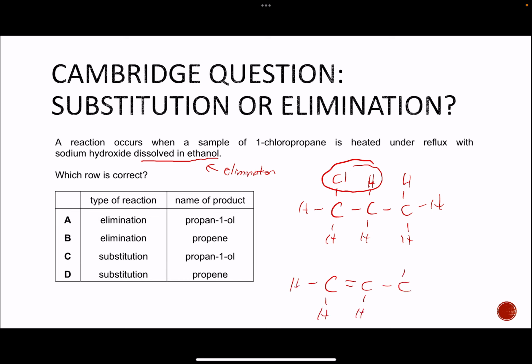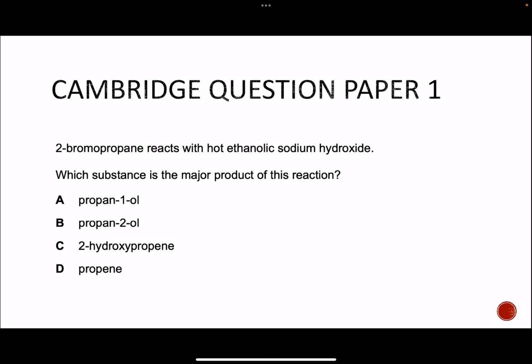And that answer is propene. And so here we would pick B. To show this in skeletal version, which you could totally do, it would look like this. The conversion taking place.